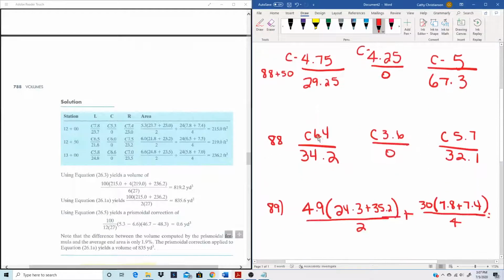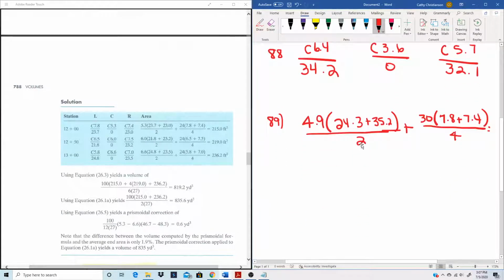Yeah, base is 30. All right, so I'm going to go ahead and plug and chug, and I'm going to get my area for 89 first. And I would suggest putting these in a couple of times just to make sure that you didn't fat finger something.